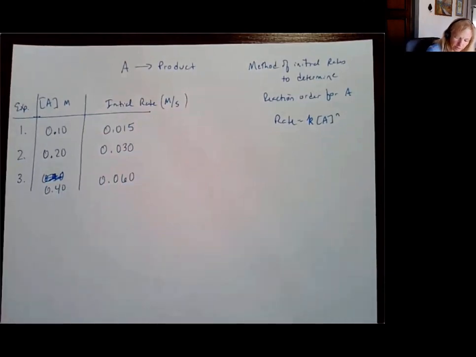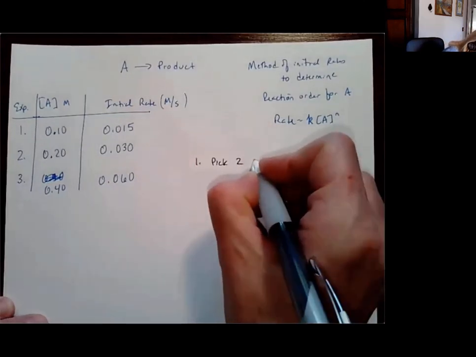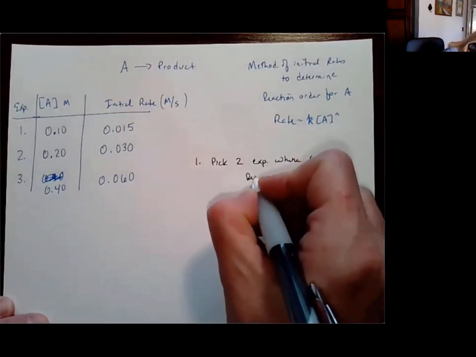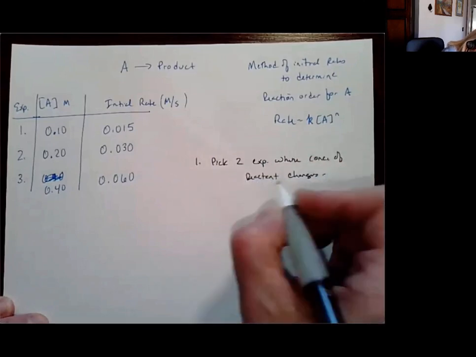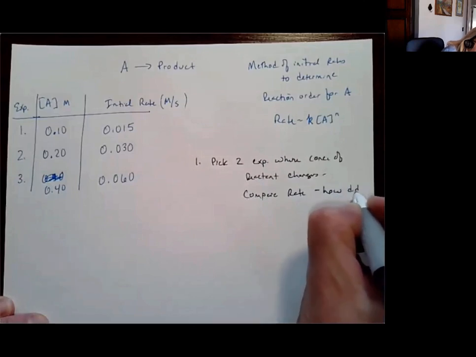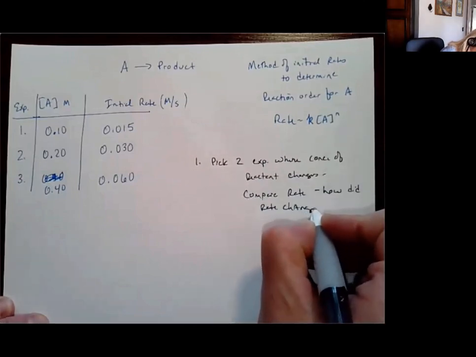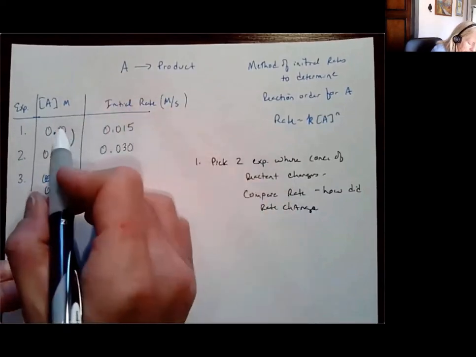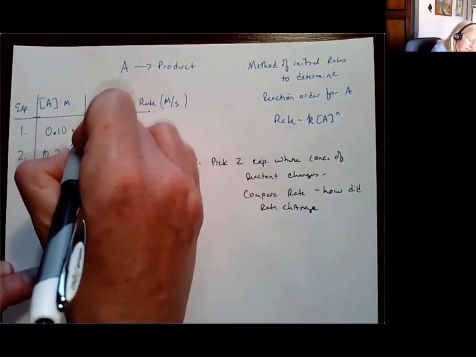So the way that I'm going to use this data is I'm going to pick 2 experiments where the concentration of my reactant changes, and I'm going to compare the rate and see how the rate changed. And that's going to tell me the effect. So here I might pick 0.1 to 0.2, that's a factor of 2.